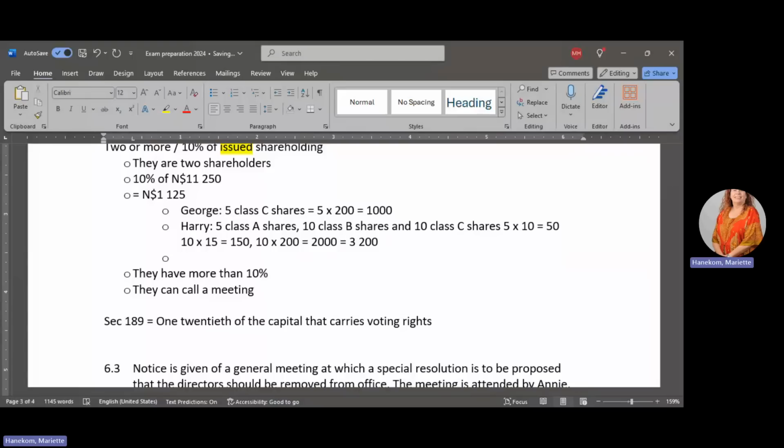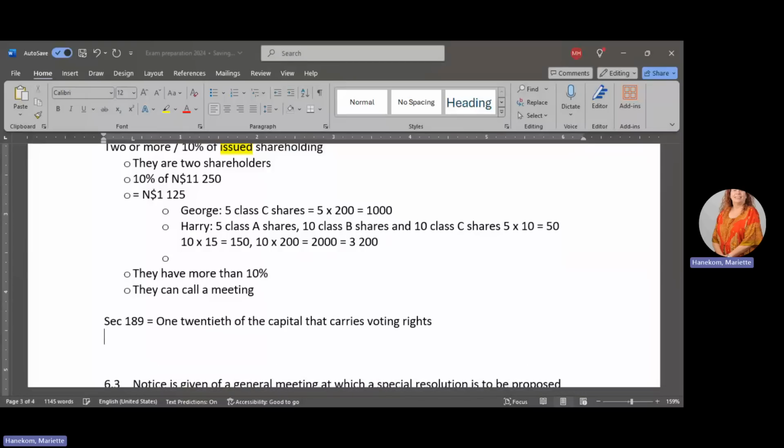So in a question based on section 189, you will have to decide whether to include your preference shares or not. That depends on their dividends and the nature of the decision to be made. Section 189 refers to one or more, so you don't need two people. It can be a single person. Also need to refer to that. Don't just forget about that requirement.